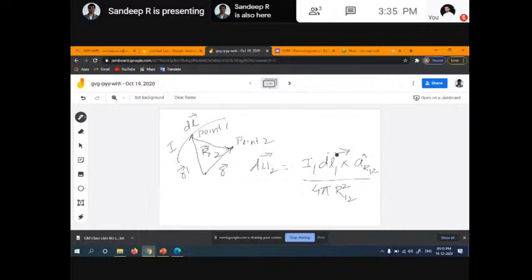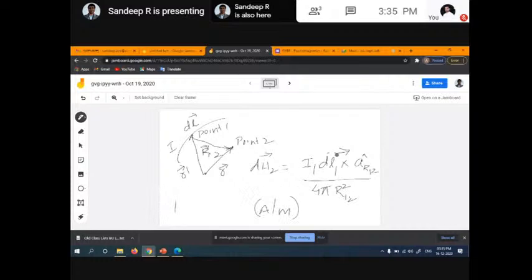So here also you can see that it is directly proportional to the differential current element, that is the current I and the differential length, and inversely proportional to the square of the distance between them. So you can see that it has a very close relationship to Coulomb's law. This is measured in amperes per meter.